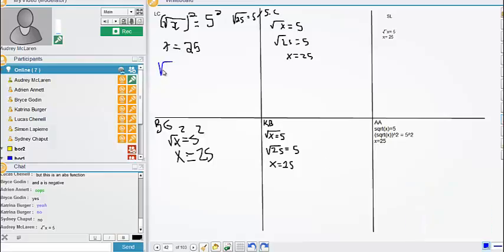What if I asked you to solve this one? Square root of negative x is equal to 5. Remember, the negative of x means the opposite of x. So some number's opposite has a square root of 5. What do you guys think? It is absolutely okay to square both sides. But the difference is, when you square both sides now, on the left-hand side, you're not going to get x like you did before.